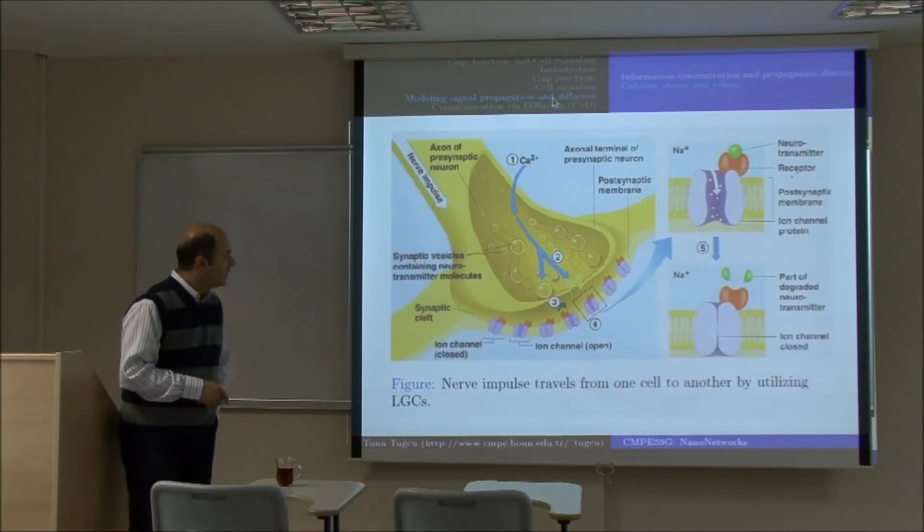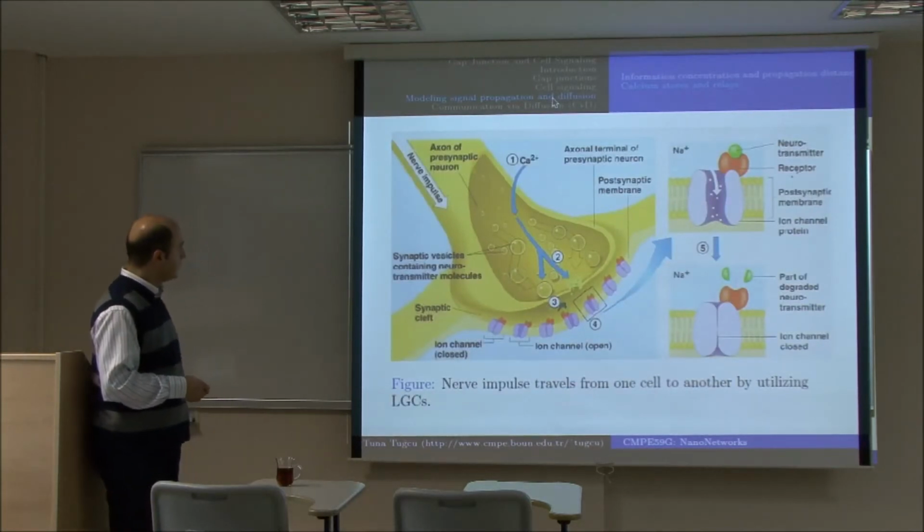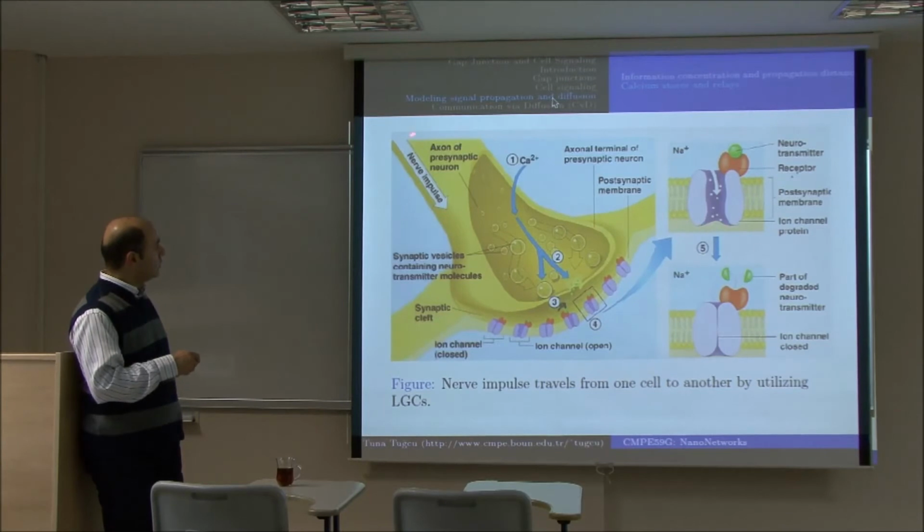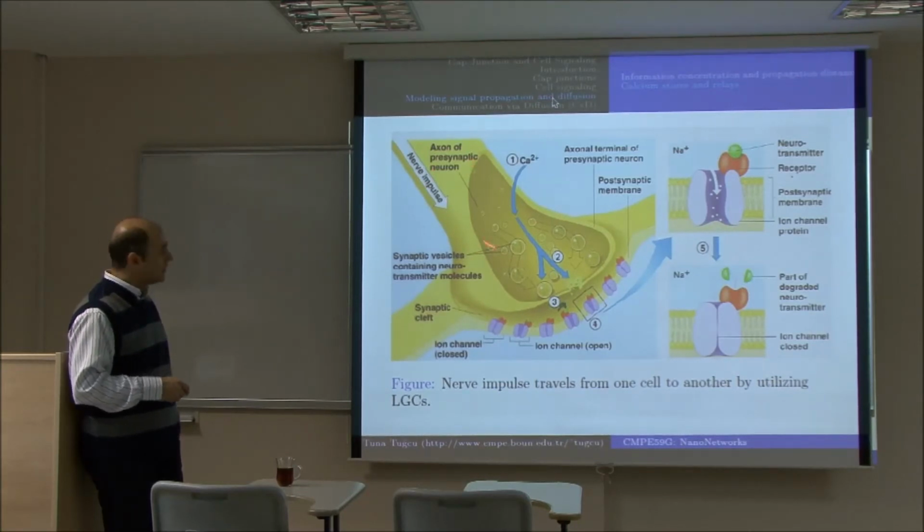So this is the synaptic cleft. This is the axon of the presynaptic neuron, and this is the other one. This is where they get close to each other, the synaptic region. The nerve impulse typically triggers the operation here, which will allow the calcium concentration in this cell to increase.